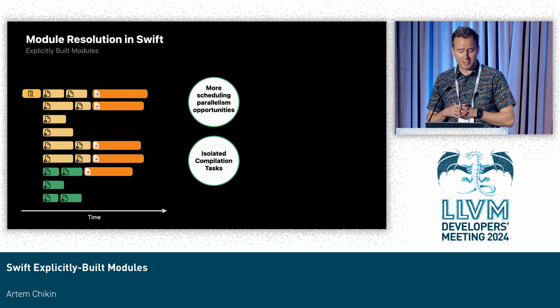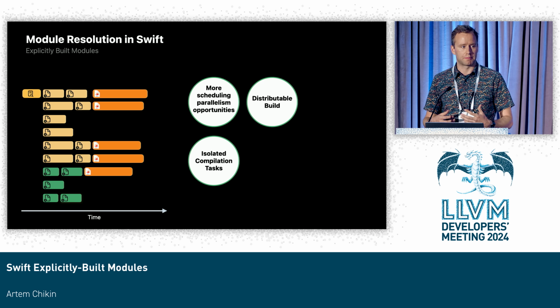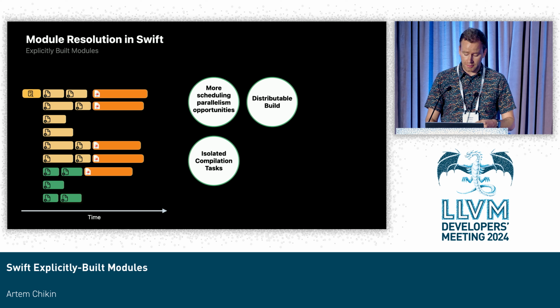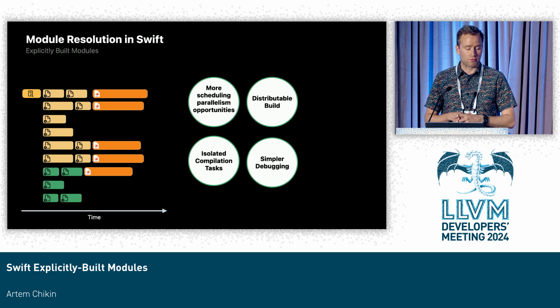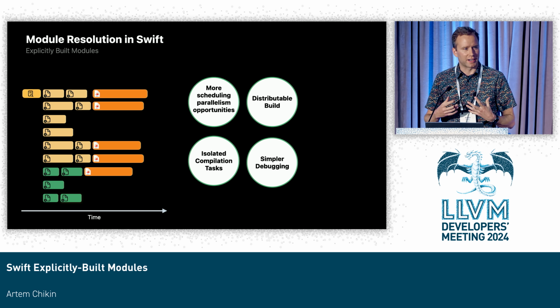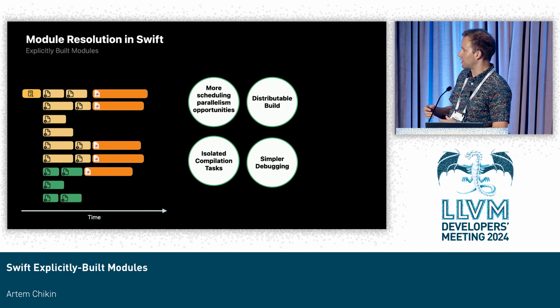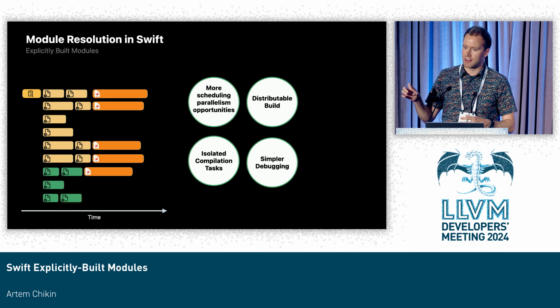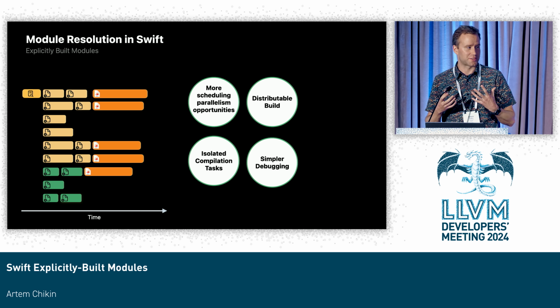Our compilation tasks are isolated. All of their inputs and outputs are precisely specified ahead of time, which can be a very useful property, particularly if we want to eventually make them distributable. We have greatly simplified the debugging of this. And crucially, this isn't just the debugging by compiler engineers, who can now look at a given task and have much more precision knowing what this task was doing and what could have possibly gone wrong.